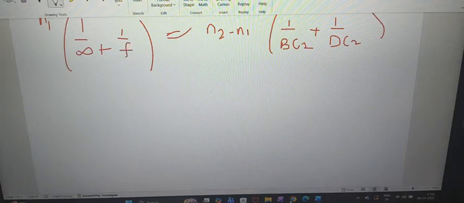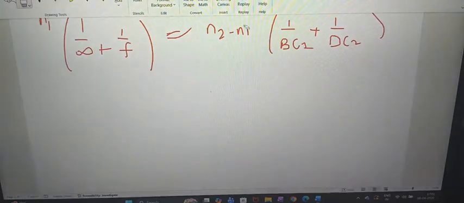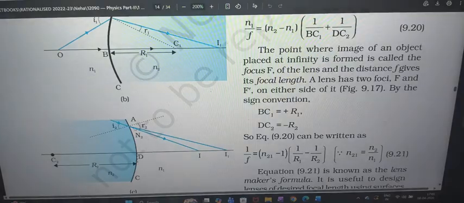What is BC1? BC1 is nothing but R1. So we will substitute this value as R1, DC2, R2. Again, I told to consider this side as negative, but that doesn't mean that this is R2, it is towards the left, so it should be positive.